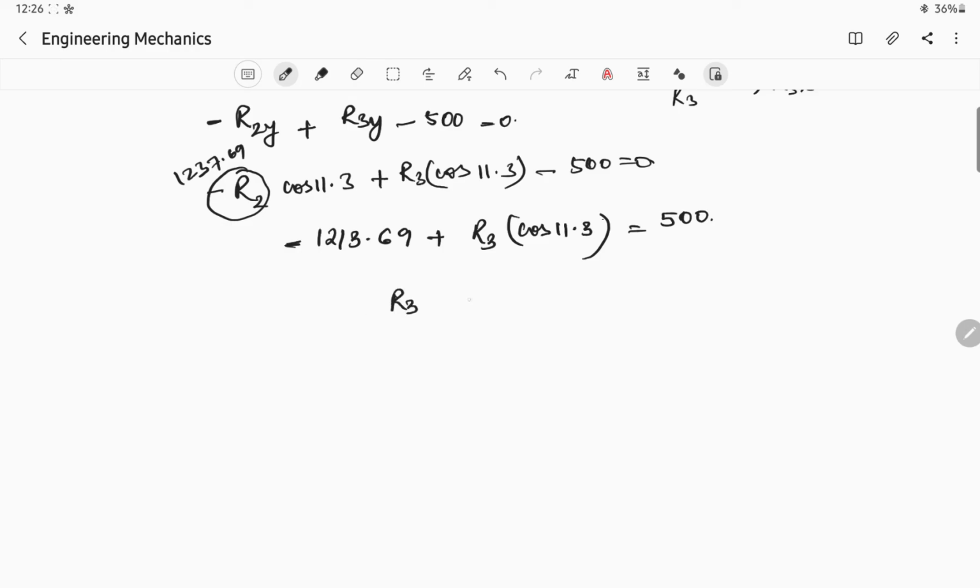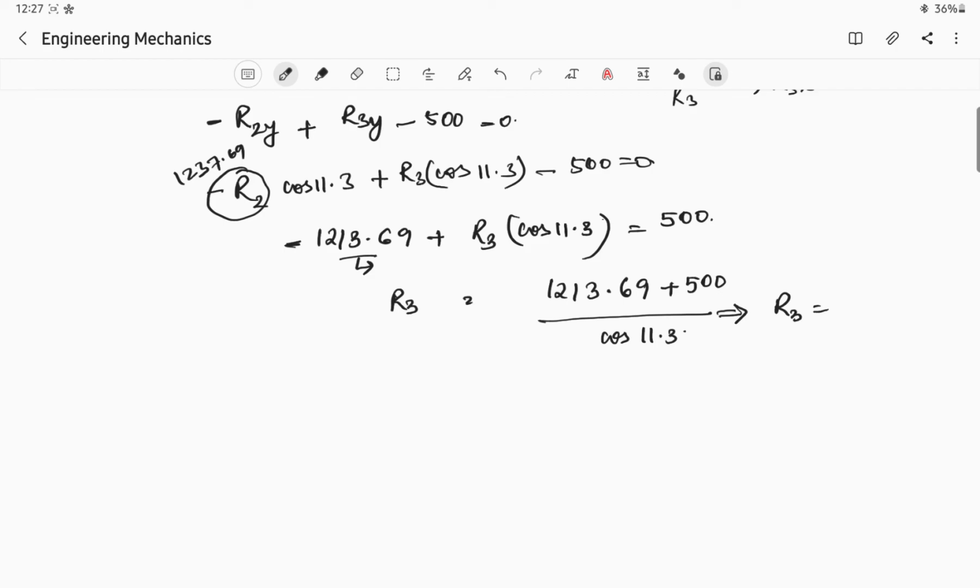So R3 is equal to 1213.69, sending this term to the right-hand side, plus 500, whole divided by cos 11.3.